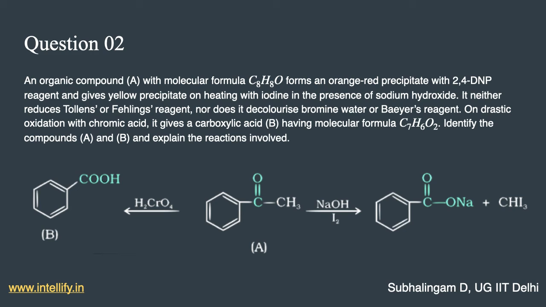Directly we can write A with iodoform reaction gives the corresponding iodoform and the sodium salt of acetate, and upon oxidation with chromic acid we get benzoic acid. This is pretty simple, right? Okay, let's move on.